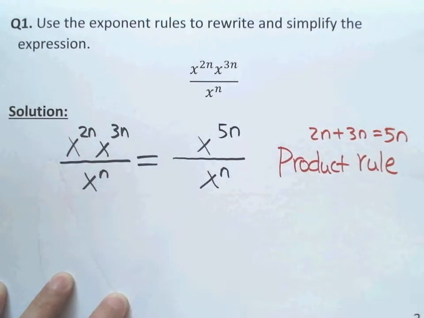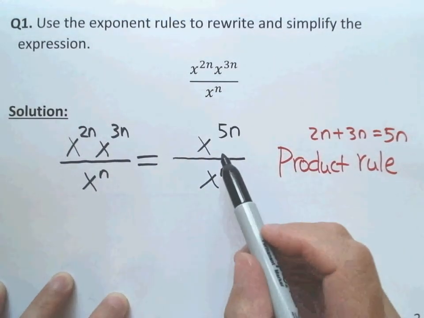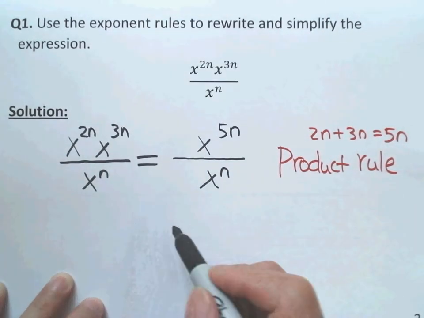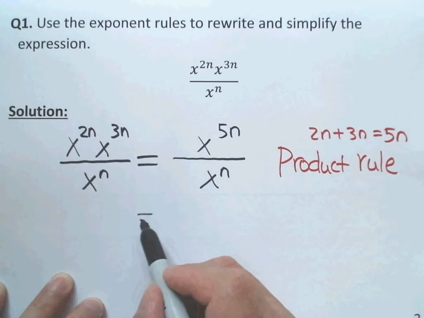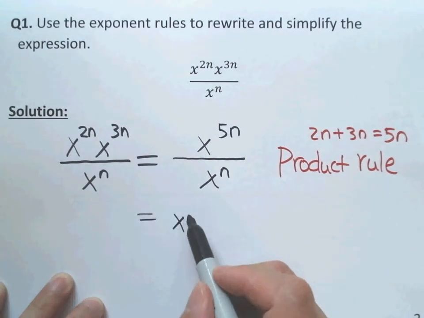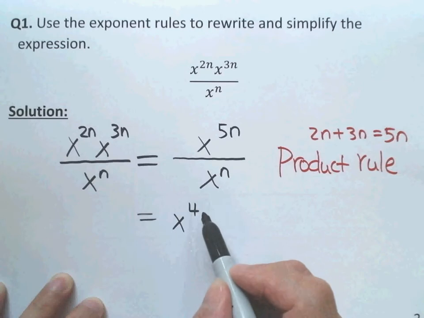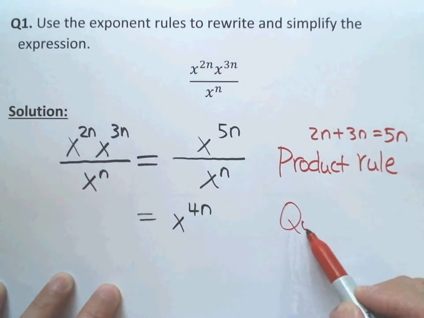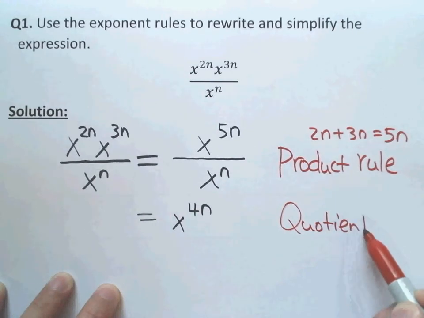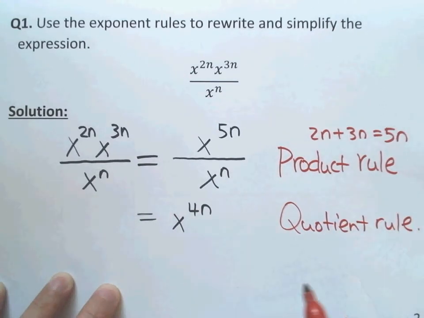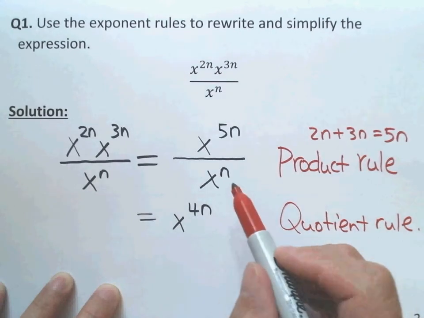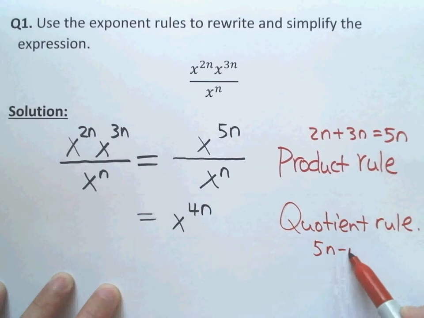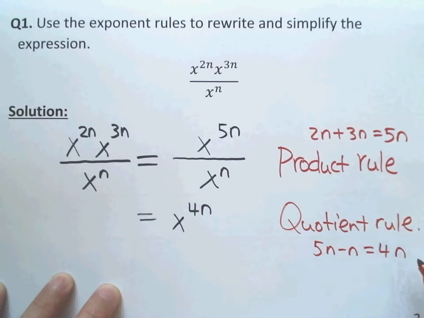It is added together, not multiplied. Then we have the quotient rule to use because the bases are the same, but it is a quotient. The power is 4n. Why? Because the quotient rule tells us to subtract n from 5n. So 5n minus n gives 4n.